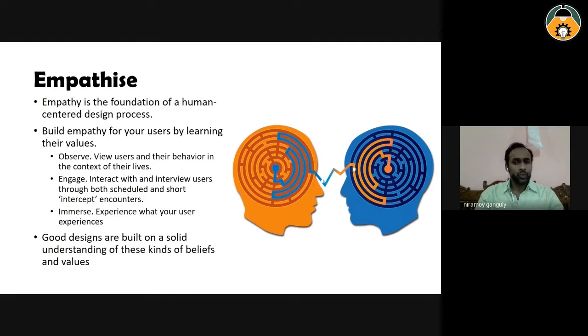And through this, rather than trying to find a solution, you're trying to define what the problem is. So good design is always built on a solid understanding of observing, engaging, and immersing yourself into the user's needs.